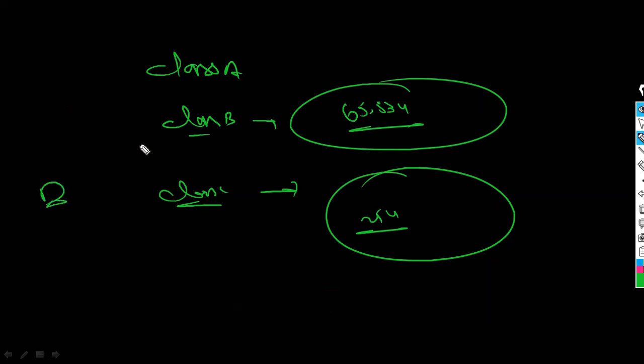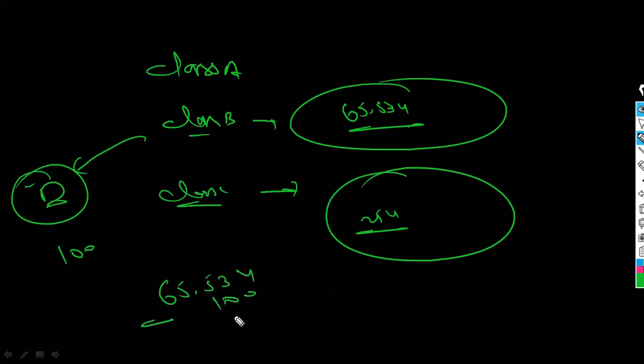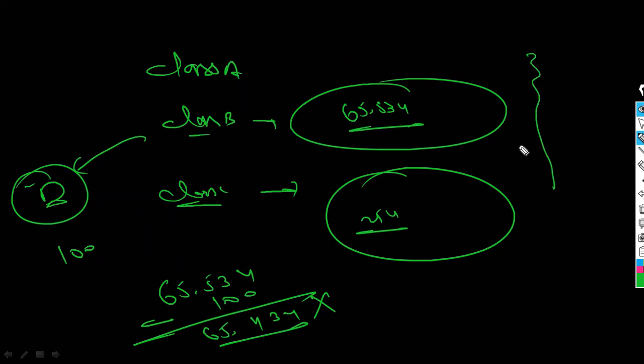Now, if the service provider assigns IP addresses from class B to a customer, let's say 100 IPs, what about the other IPs? 65,534 minus 100 IPs assigned is still 65,434 IPs. Will they all be wasted?